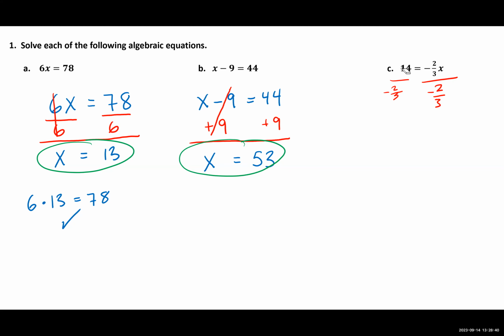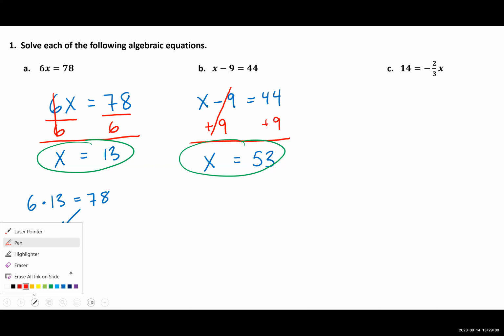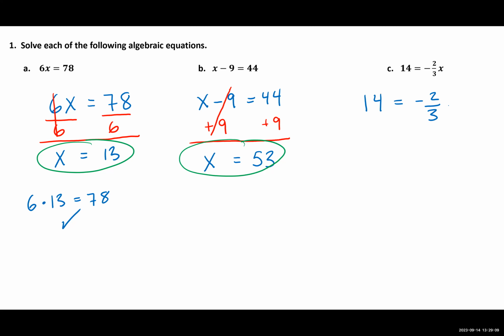I'm going to take a slightly different approach here, though. Instead of working with a fraction, I'm only going to work with the whole numbers. So I'm going to look at the numerator, the 2, separately from the denominator. Remember, fraction means division. So I'm just looking at that 3 on the bottom. That means dividing by 3. So the opposite of dividing by 3, let me rewrite this a little bit bigger. 14 is equal to negative 2 over 3 times x.